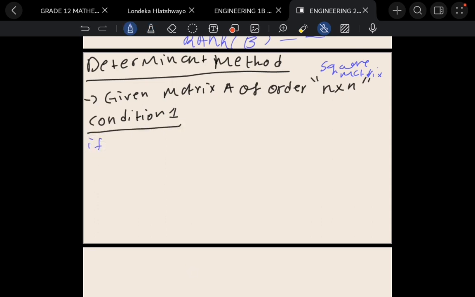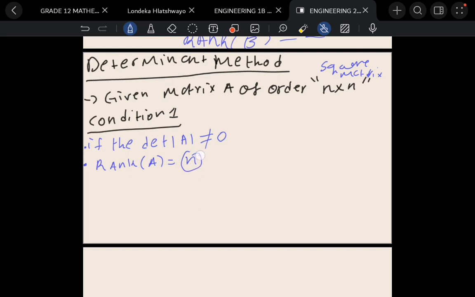Now, if the determinant, which is represented by det A, is not equal to 0, we will say that the rank of the matrix A is equal to n.